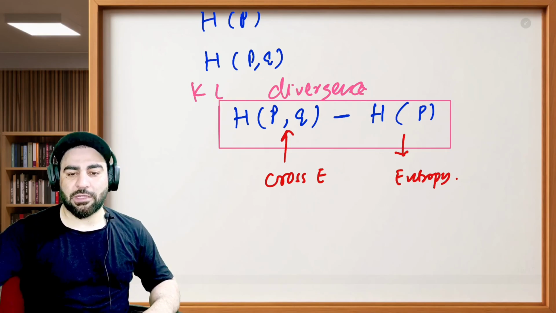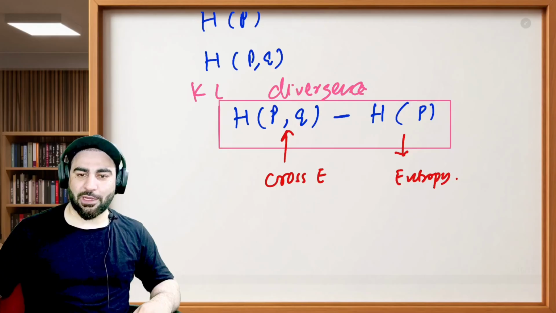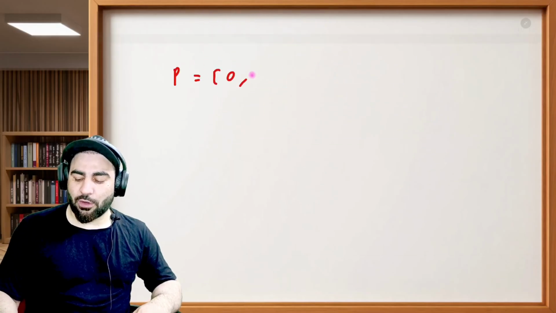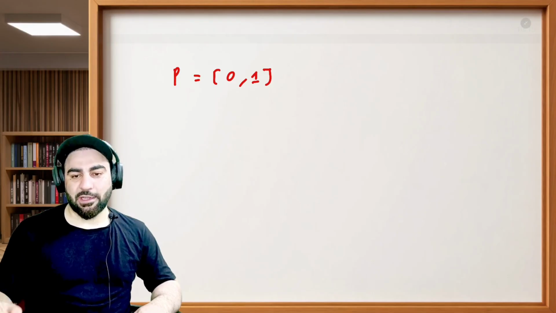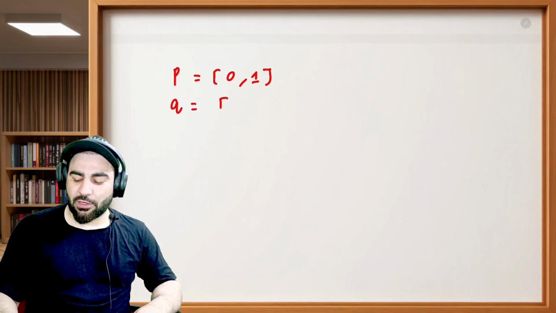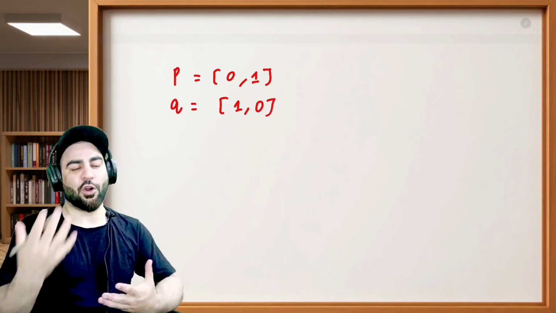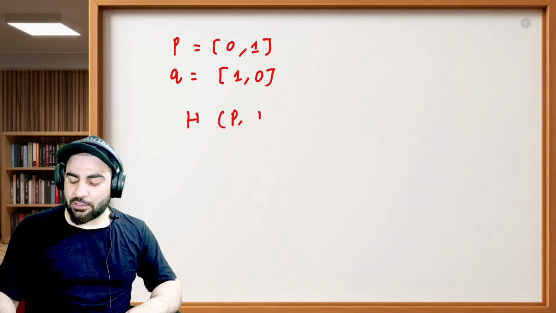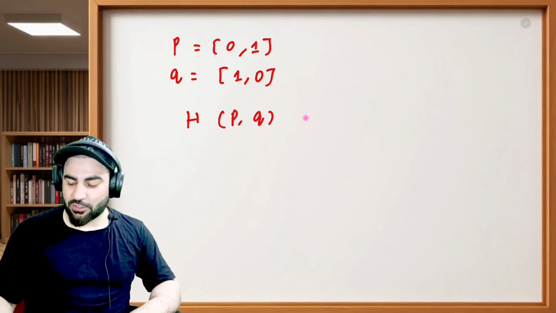There we took some examples also. Let's take some catastrophic case. Let's suppose some probability distribution P is equal to 0, 1. This is the probability distribution, and your model predicted the opposite. So it did a catastrophe. It's almost opposite to what it should have predicted. Now you have to compute the cross entropy of the system. So what is cross entropy equal to?